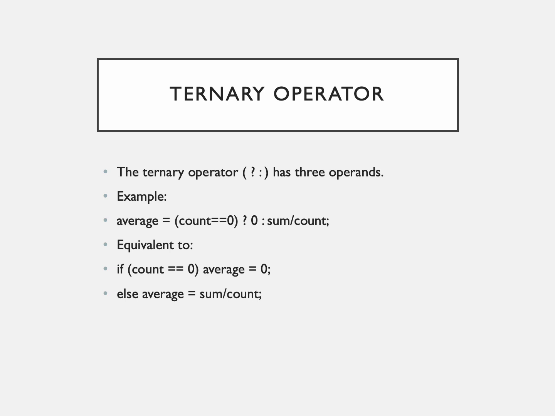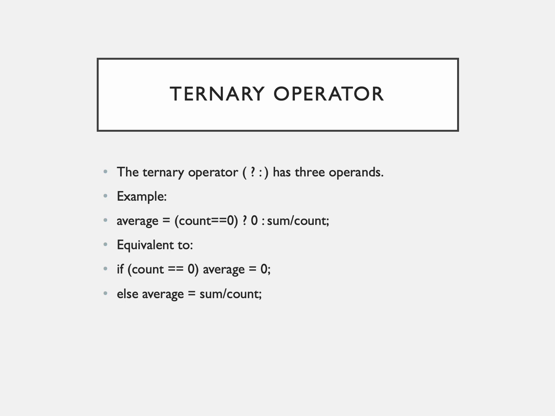Now if the condition evaluates to true, the first expression is executed. Otherwise, the second expression is executed. Now here we have an example. average equals count equal to 0, question mark 0, colon, sum by count.